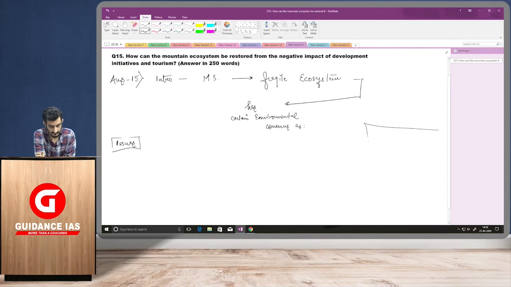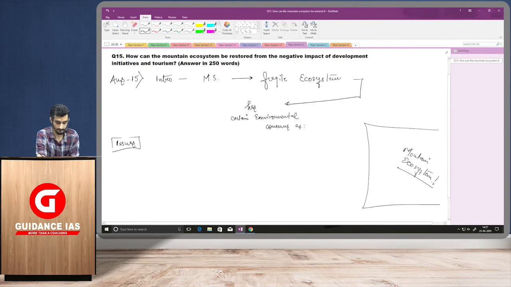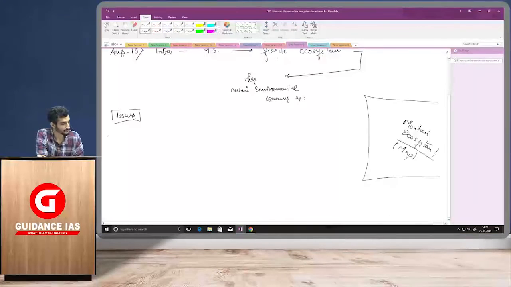So you can box a separate space in your answer booklet, draw the map of India and show all the mountain ecosystems on this map, and then you will move on to the issues. So if you talk about the issues, first we can write with respect to hazards.